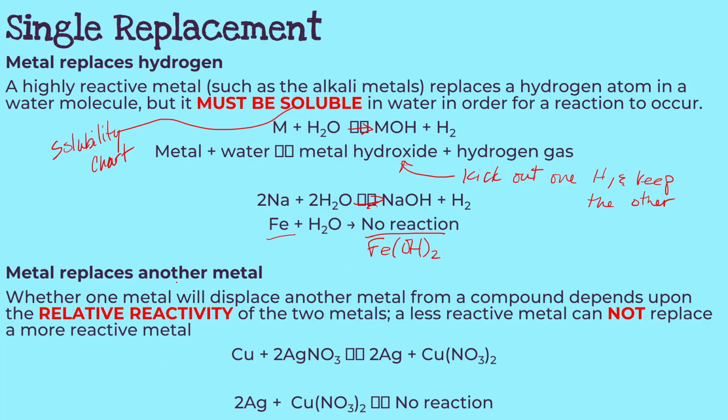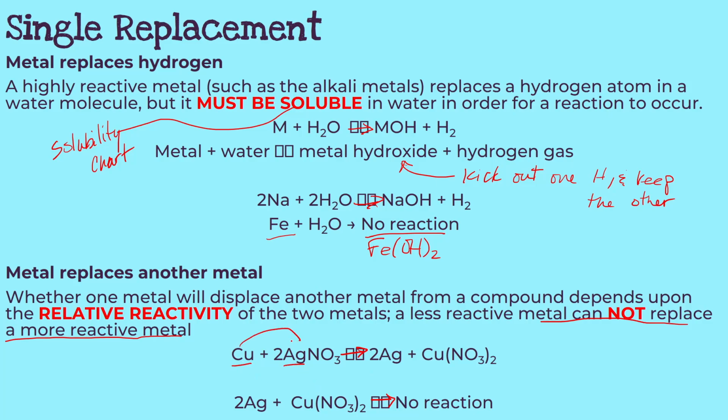Metals can replace other metals, okay? But not every metal can replace the other metal. This is dependent on their reactivity. The less reactive metal cannot replace the more reactive metal. Okay, so this is super important for us right here. So for example, copper is trying to replace silver here.